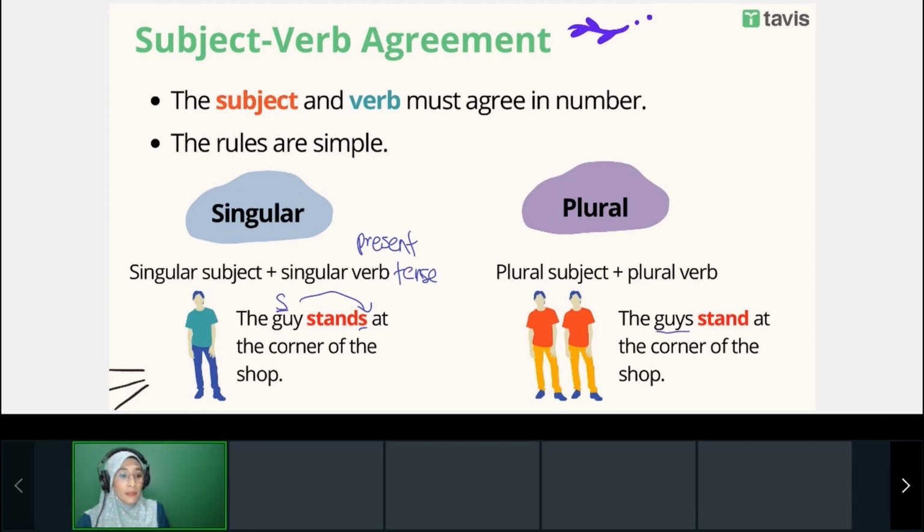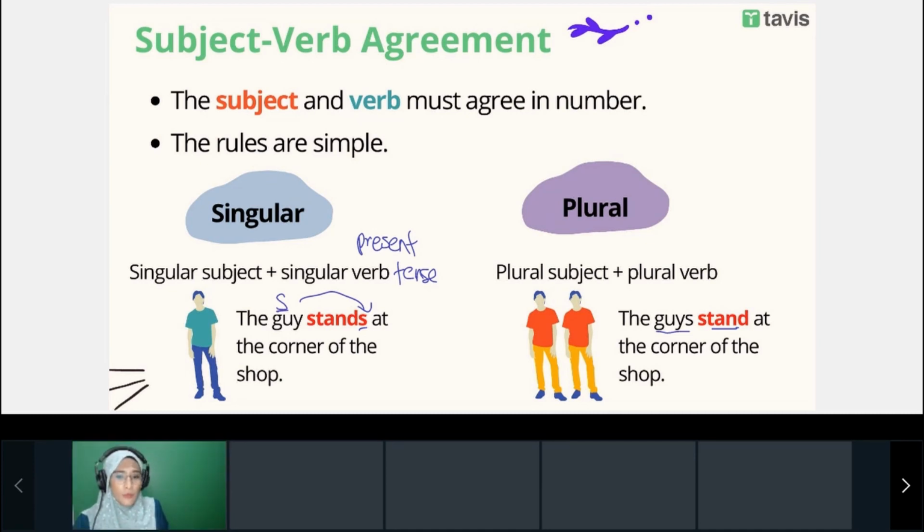It can be gazillion guys, trillion or whatever number, as long as it's more than one. You can see that the verb here doesn't change. This is where we use the plural verb. The guy stands. The guys stand. The boys stand.